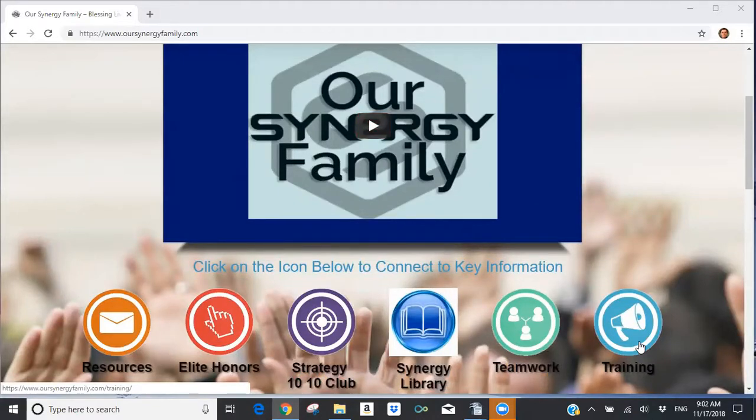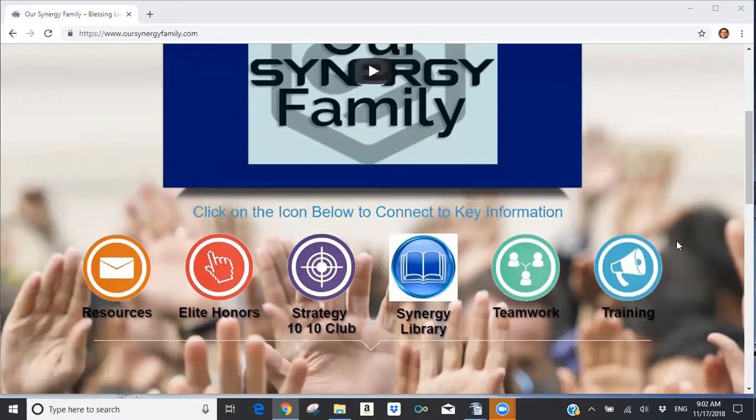Now, once they've watched the introductory video, the two key places that you will spend most of your time in is bookend. Just like a bookend that holds up your books, we've got resources on the left-hand side and training on the right-hand side.